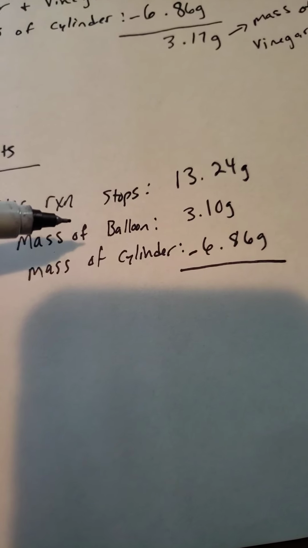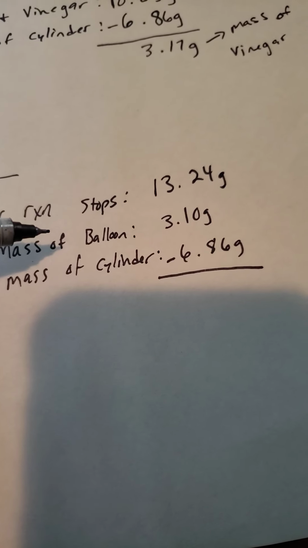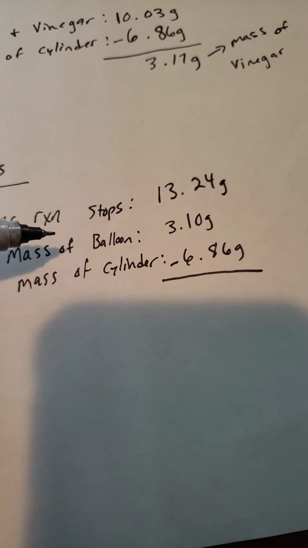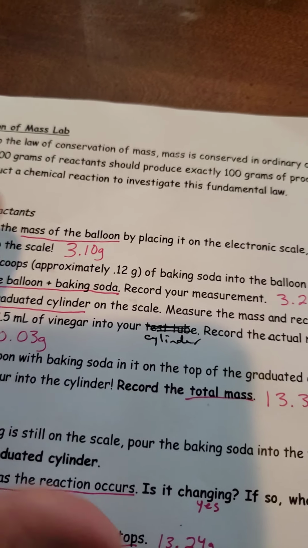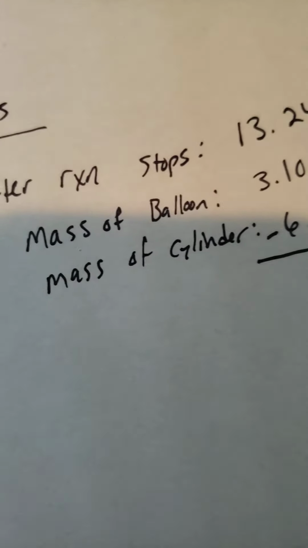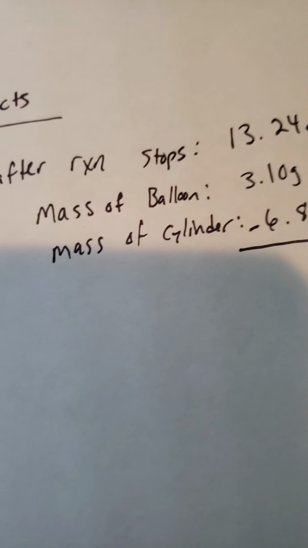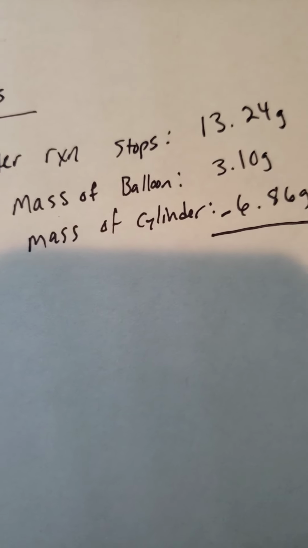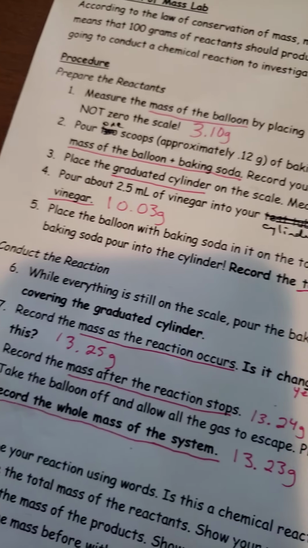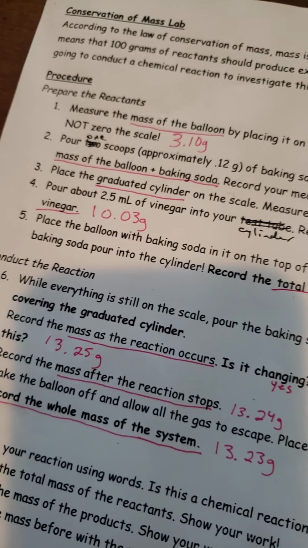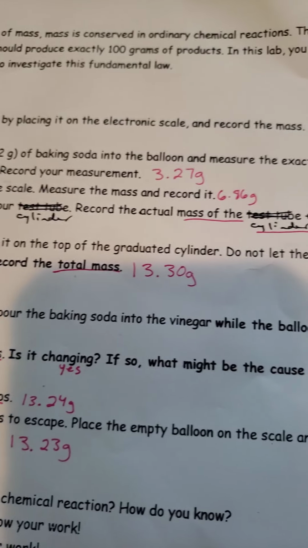So we're going to take the mass of the balloon, which was 3.10 grams. Again, I got that from step 1 here, mass of the balloon. And then we're going to subtract that, and then we're also going to subtract the mass of the cylinder, which was 6.86 grams, which I got from step number 3, just the mass of the graduated cylinder, 6.86 grams.